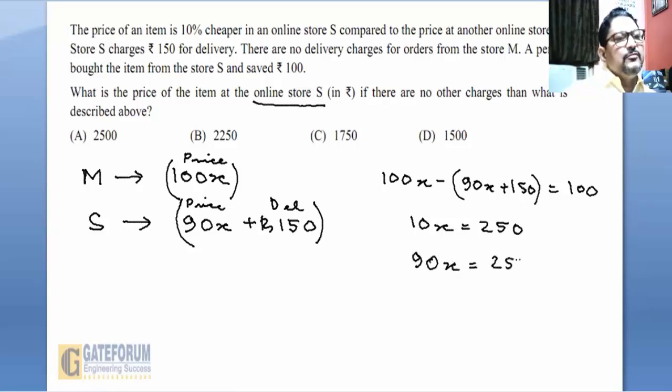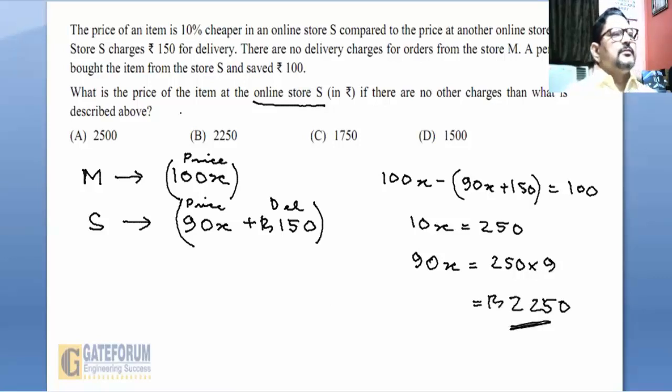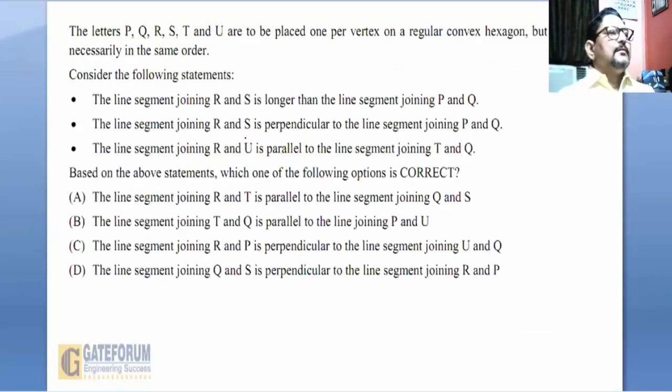So that must be 250 into 9, that is equal to rupees 2250, which is option B here. Hope that is understood. Let's go to the next one.